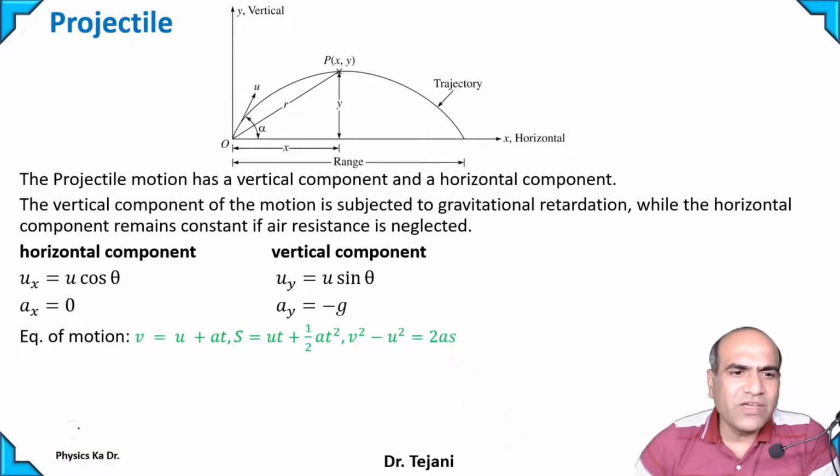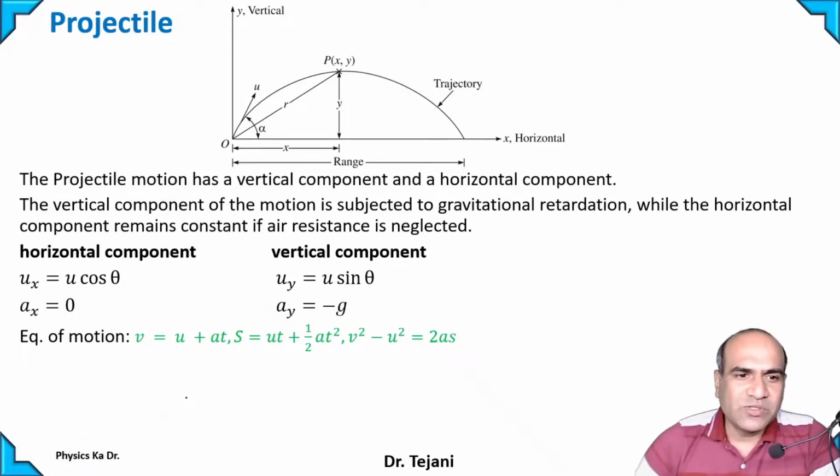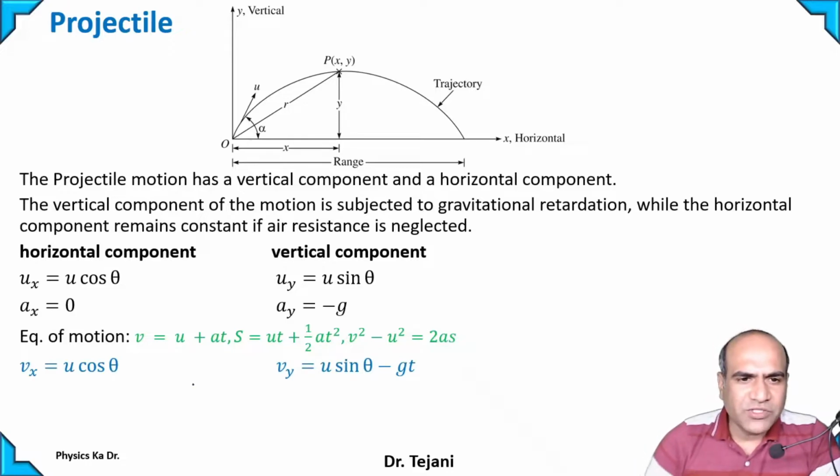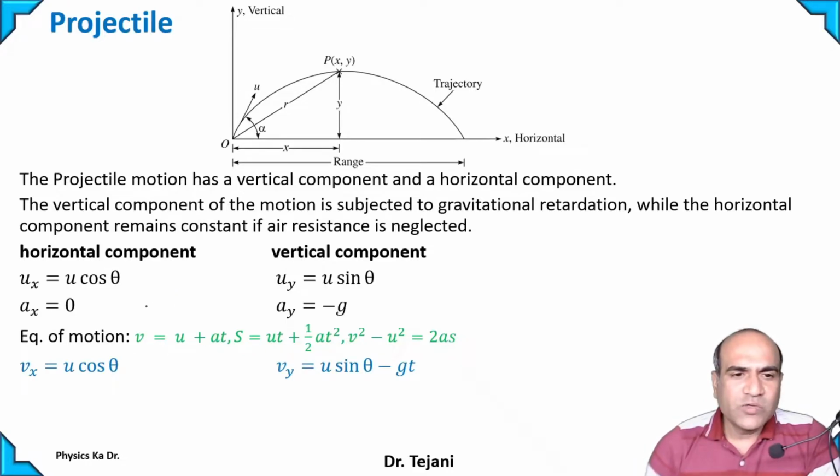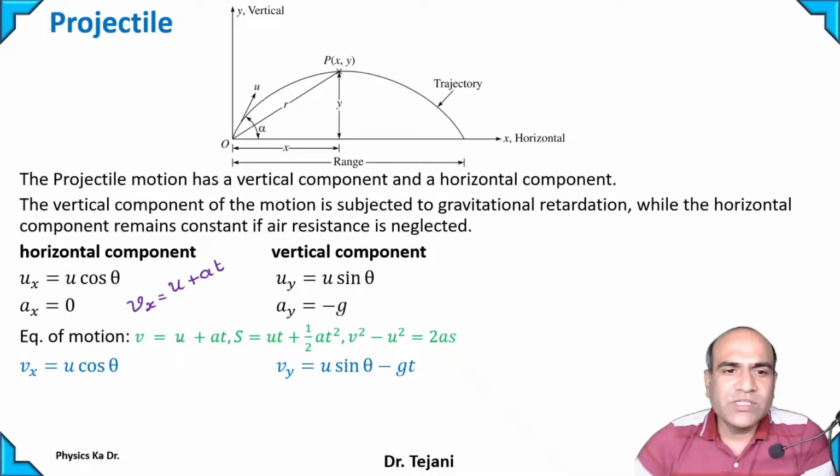So I simply suggest that you should remember the equations for projectile as well. So let us derive the equations of motion which are useful. See, first, the first equation is v = u + at. So we can write Vx = Ux + at, where u is the initial velocity and v is the final velocity.